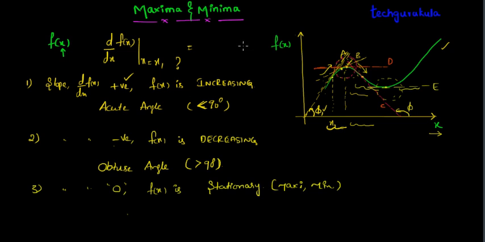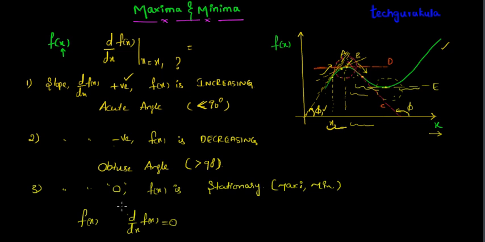Now our whole topic of interest is finding maxima and minima, which is nothing but the plural of finding maximum points and minimum points, right? So we know a condition: if you are given a function f of x, you need to find the derivative of f of x, and we know that the derivative of f of x will become 0 at points of x where the function is either maximum or minimum.